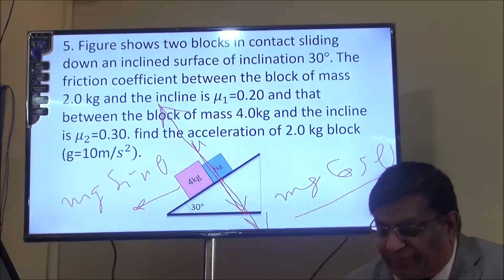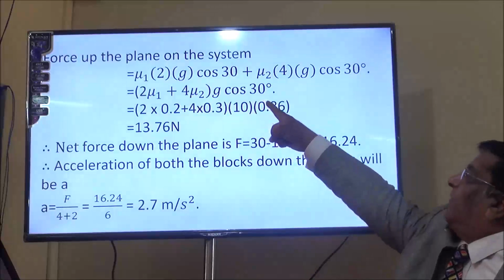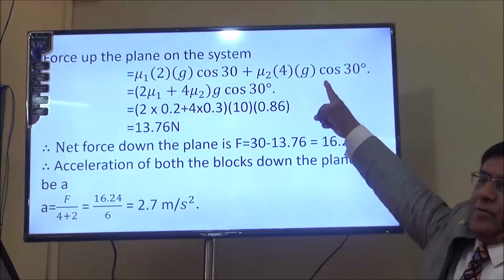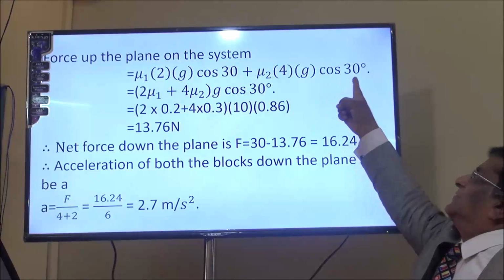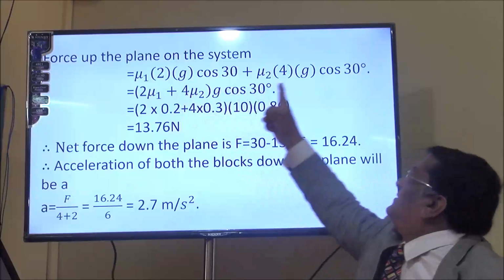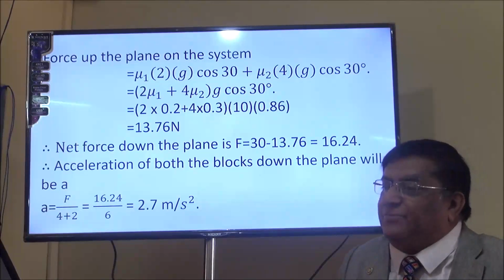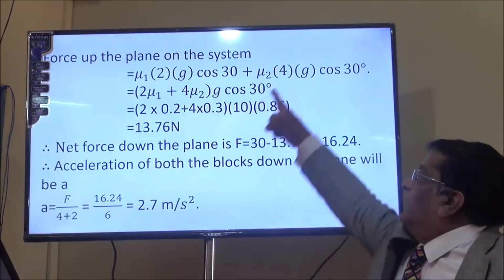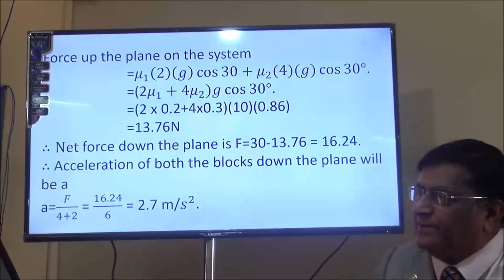So we do them separately: mu1 for one block, mu2 for the other. Mu into mg into cos theta for 2 kg, and for 4 kg. This is the resisting force, the force of friction. And we calculated it. It comes to 13.76 Newton.